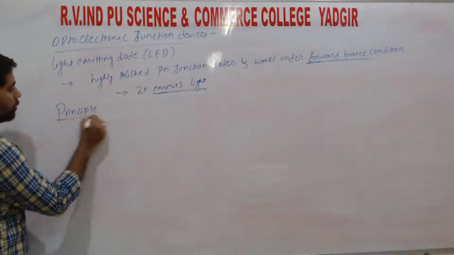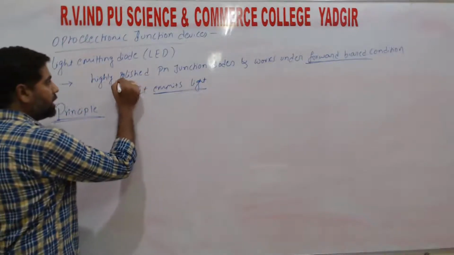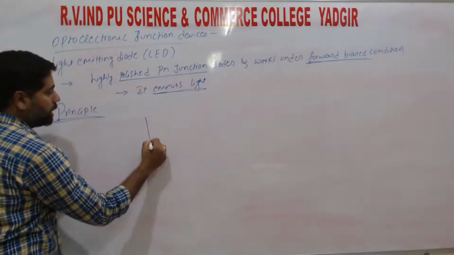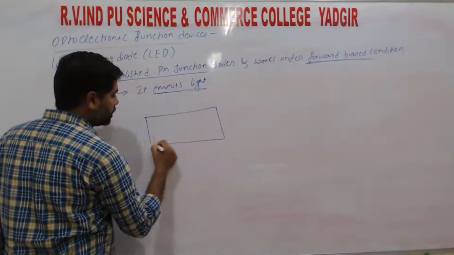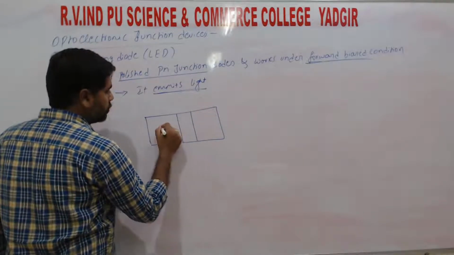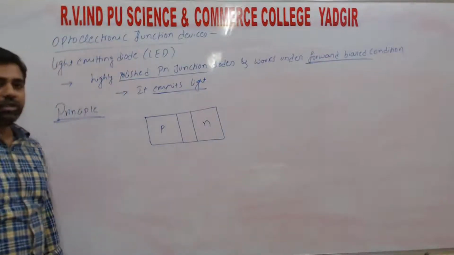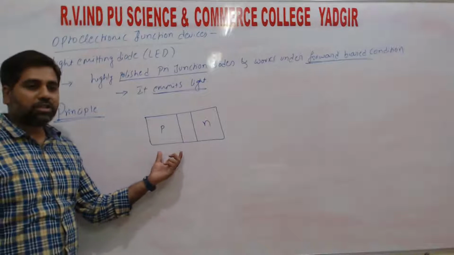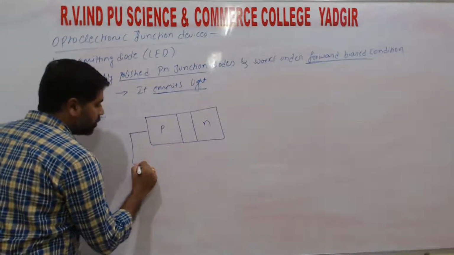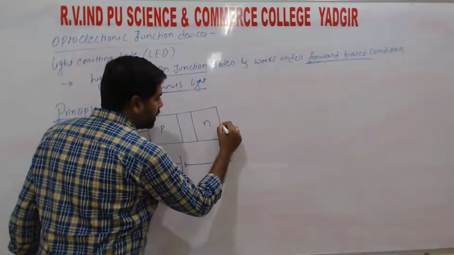Next, the principle of the LED. As we already said, it is a highly polished PN junction diode. So first we need to draw the PN junction diode. This is the P region and here is the N region. As this PN junction works under forward bias, P is connected to the positive terminal of the battery and N is connected to the negative terminal.